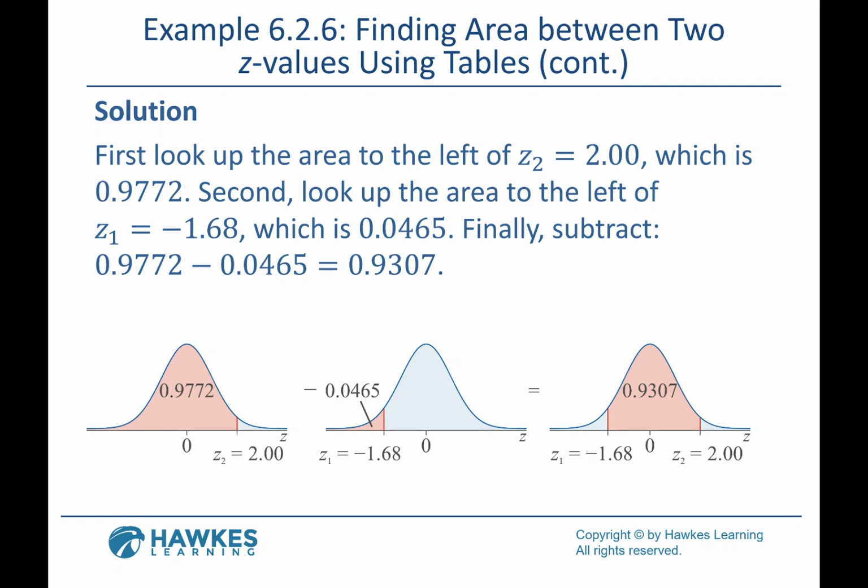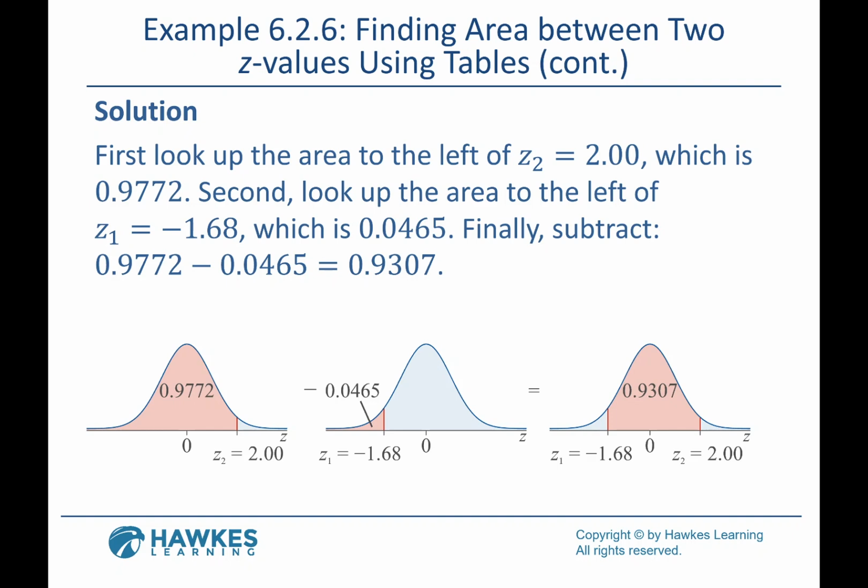And you don't even have to think about the z-values if you don't want to. You can wait until you find both the areas and put the biggest area first, because we want our answer to come out positive. Because remember, we're dealing with area. That's a two-dimensional value, and with area, we can't have negatives.